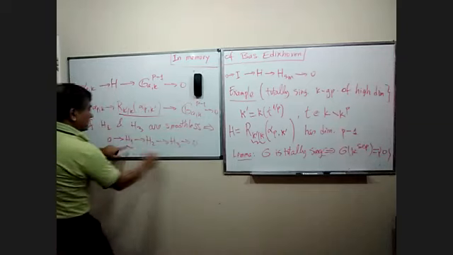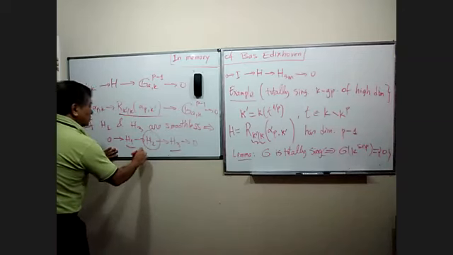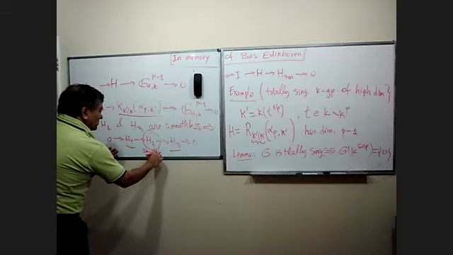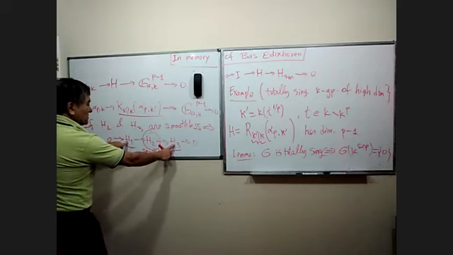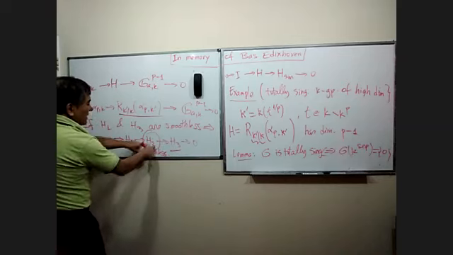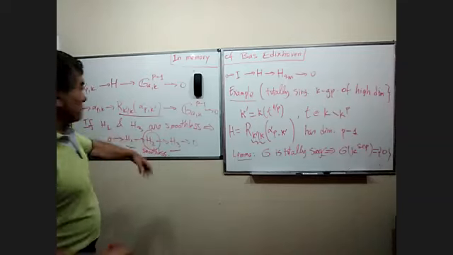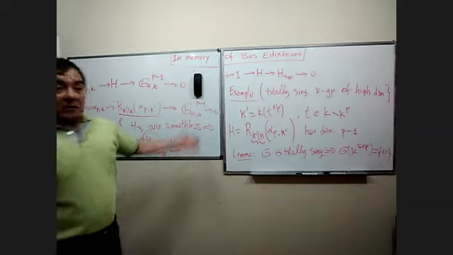So if these groups are totally singular and I take an extension, this one is also totally singular. So once I get two examples, if I can make an extension, I get another. So you see, there are many examples, many. It's large, like Siberia.